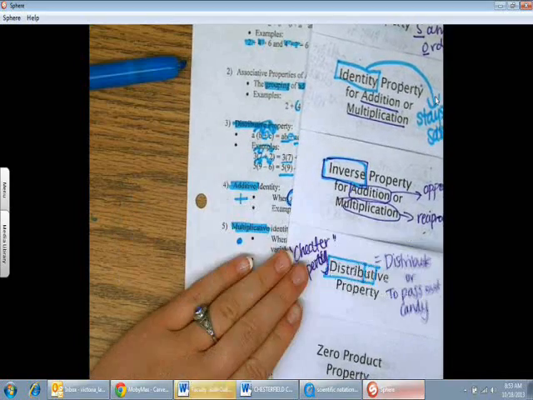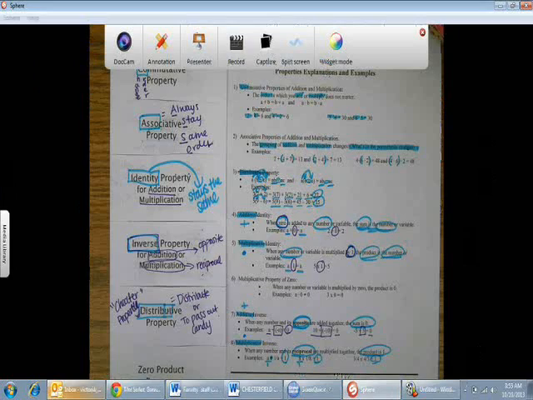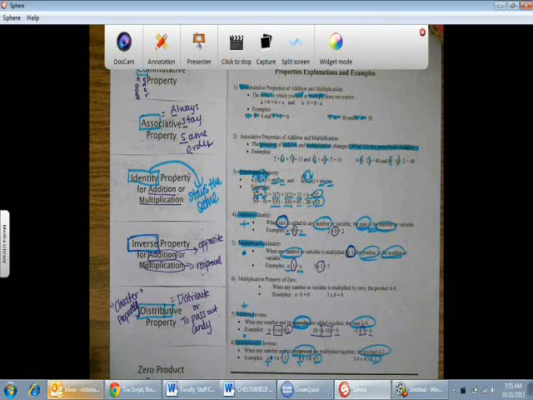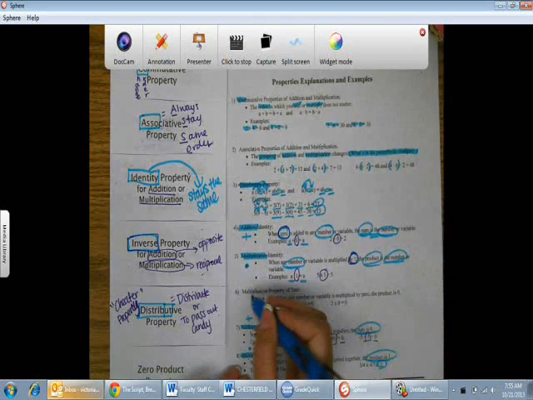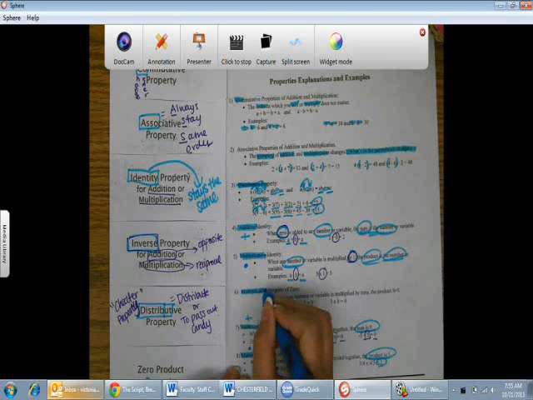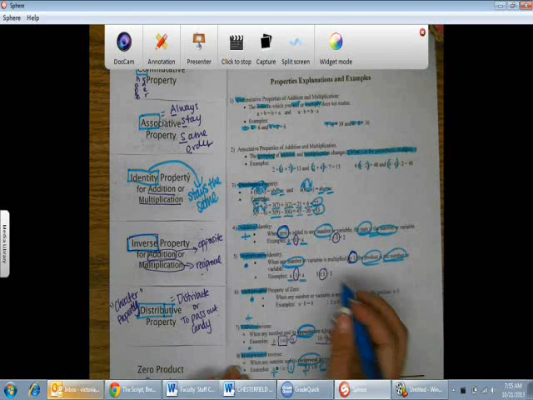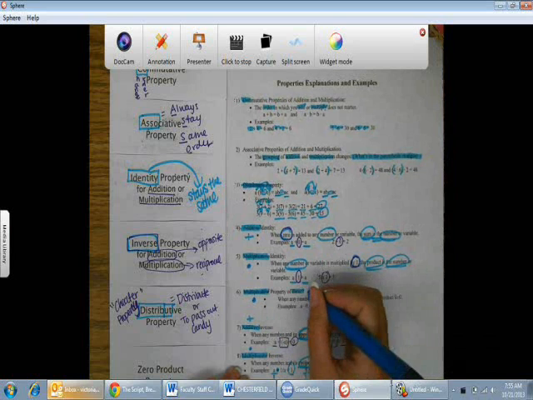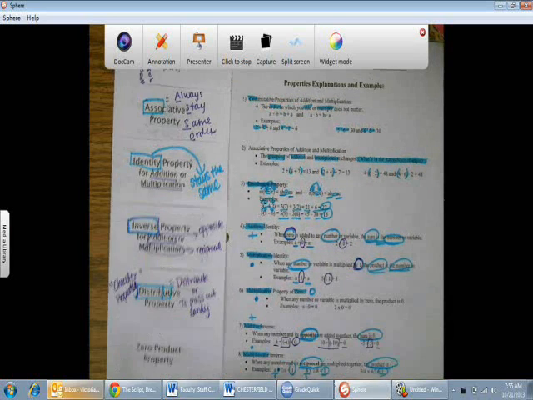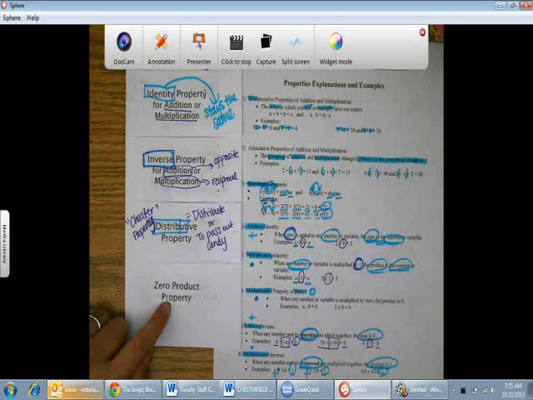Okay? And the last property we're going to talk about is the multiplicative property of 0. On your foldable it says 0 product property.